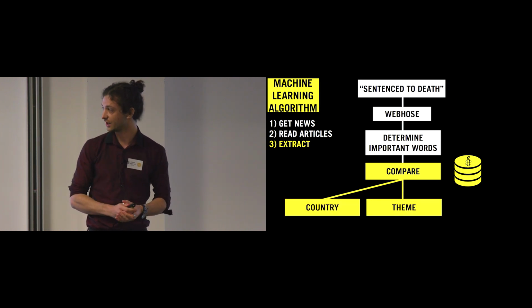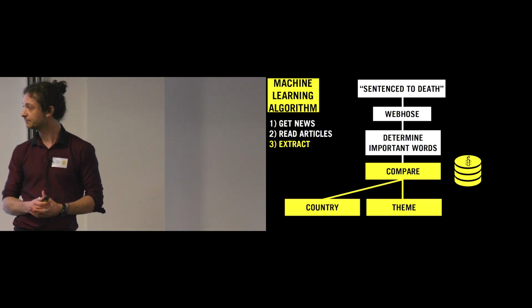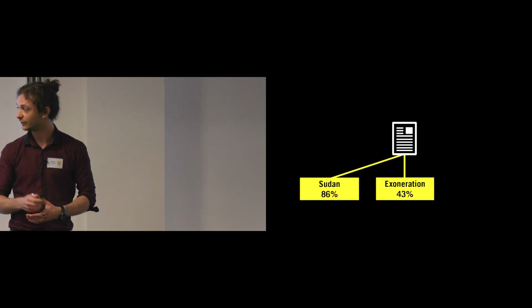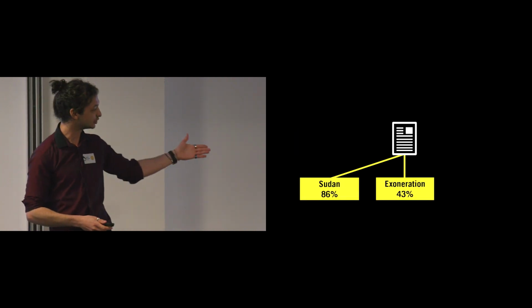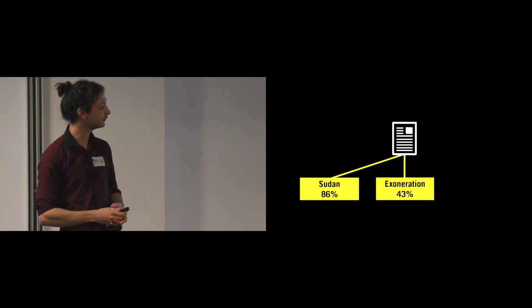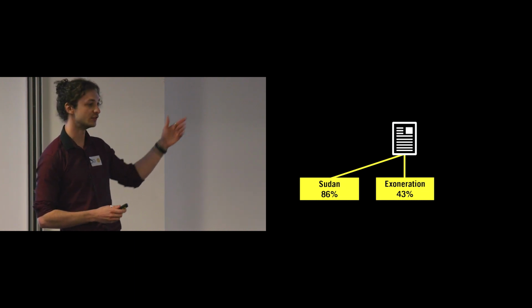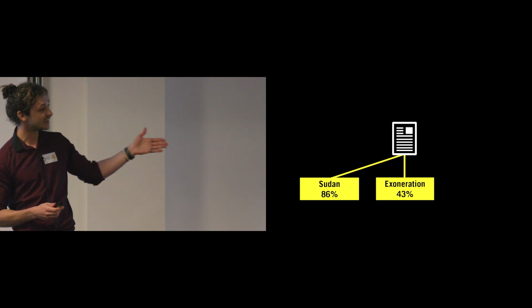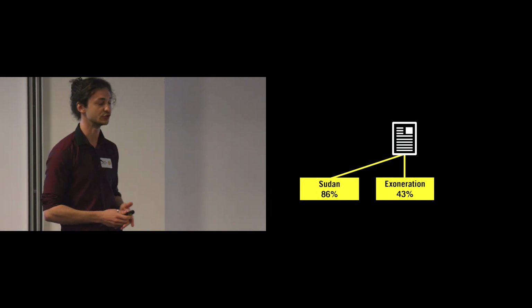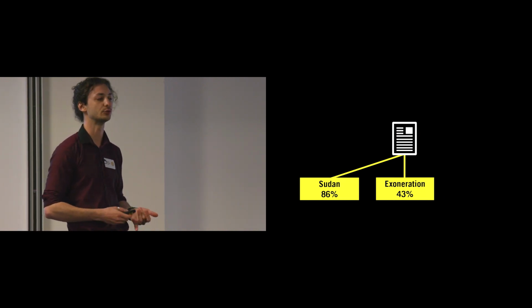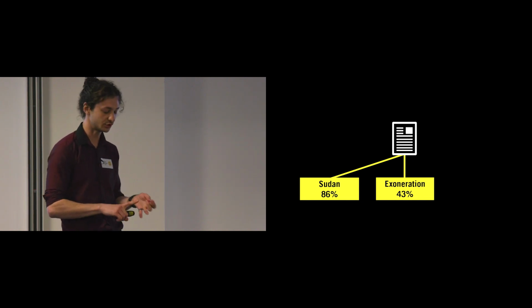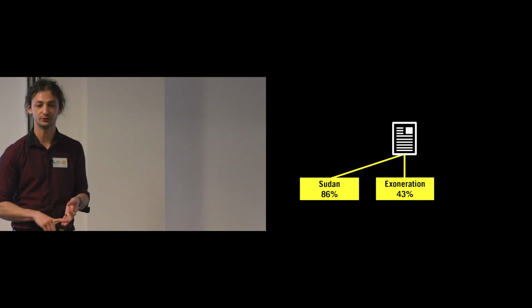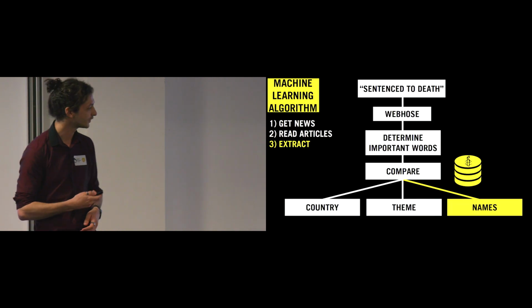From that, we can determine information such as the country and the theme. So in keeping with the example of earlier, I was able to predict with an 86% confidence level that the country that was mentioned in the article was Sudan, and that the theme of the article was an exoneration. So theme in this context, by the way, means whether the article is referencing an exoneration, a new death sentence, an execution, a commutation, etc.